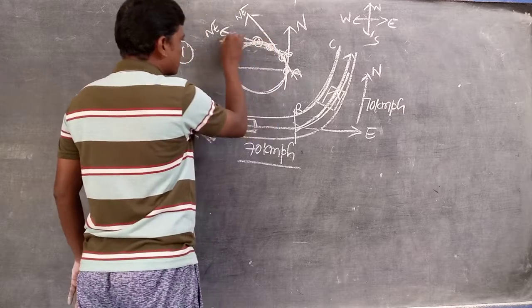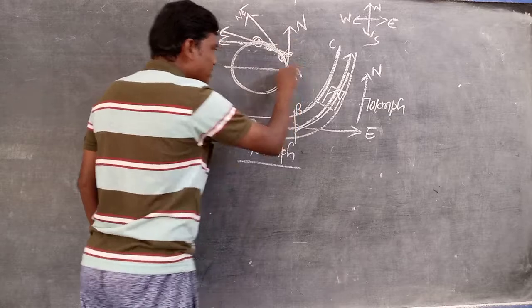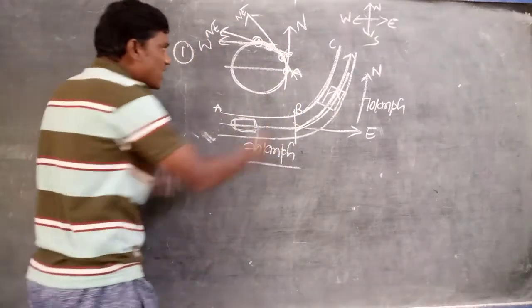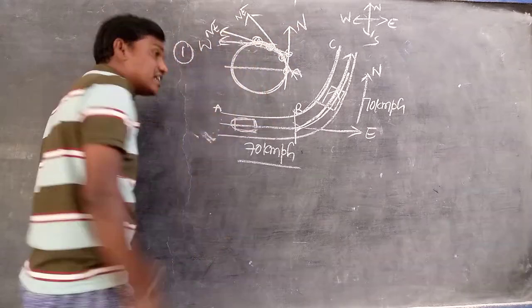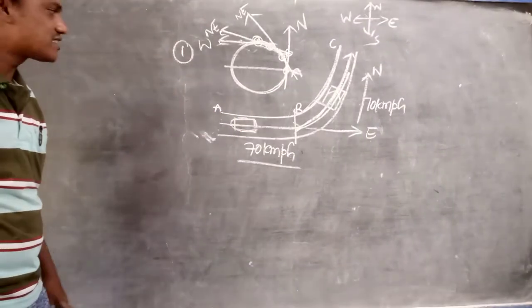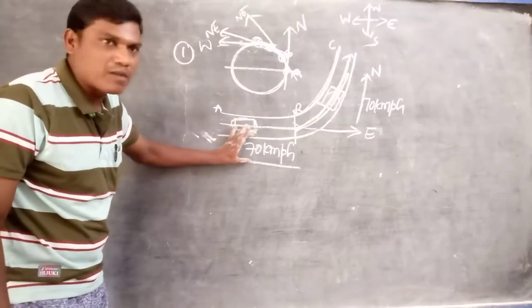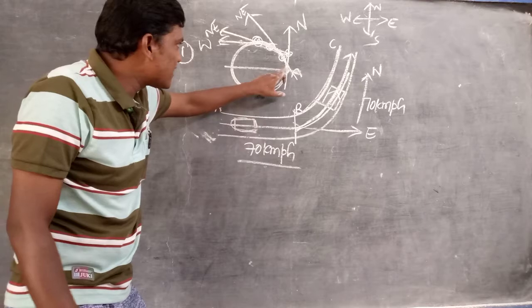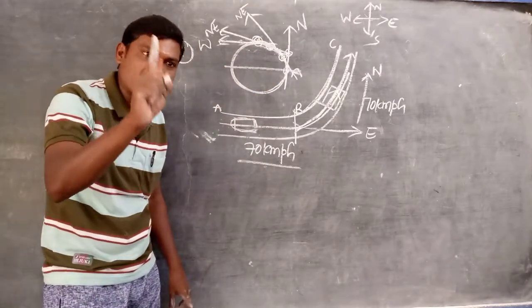At this point, it is west. That's why in this curved path, in uniform circular motion, at every point the direction of the body gradually changes. So even though the body moves with the same magnitude, the direction changes automatically. The body is not moving with constant velocity.